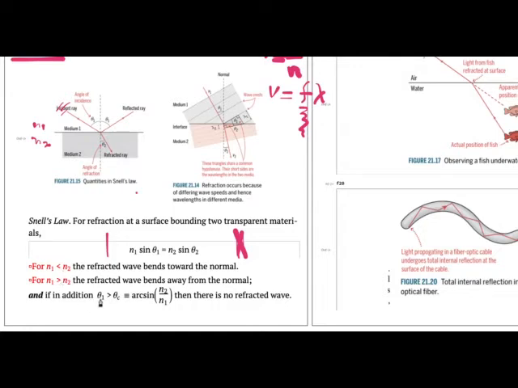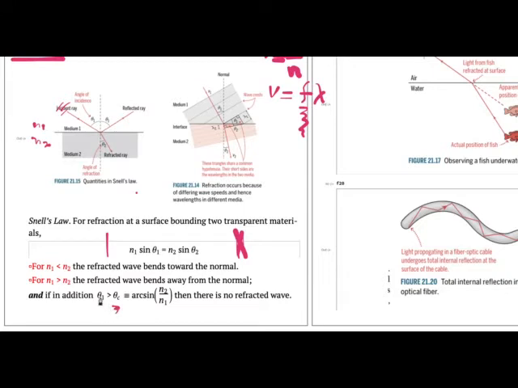If theta 1 is greater than the arcsine of n2 over n1, and of course this is only well defined if n2 is the smaller one, so n1 is larger than n2. This is a particular angle which is called the critical angle.